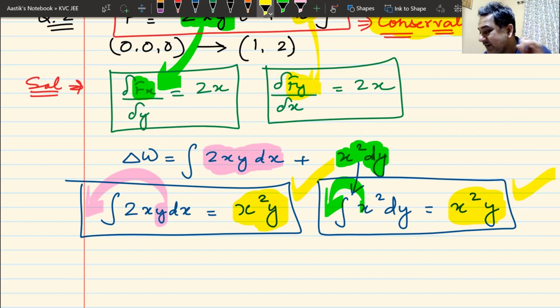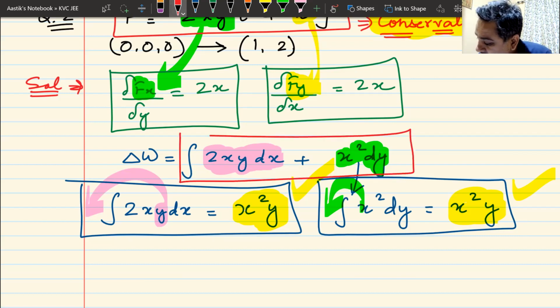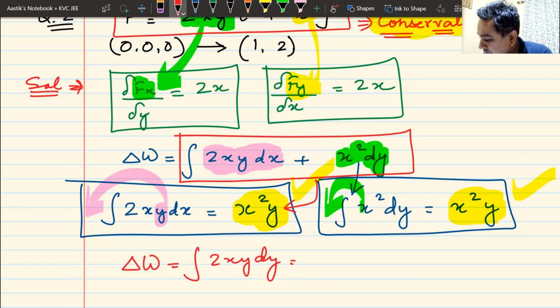Once you see that both are the same, the integral of this entire thing is simply this one. So basically, what I'm going to write is, delta W is the integral of 2xy dx plus x square dy.